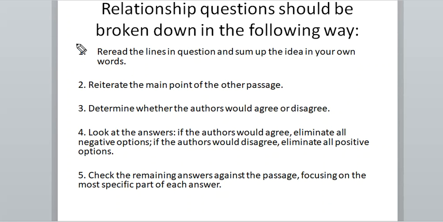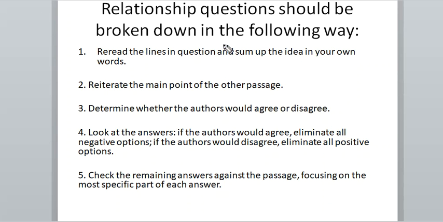Then, after rereading the line or the specific line you are assigned to read, the line in question, reiterate the main point of the other passage. Okay? Now this has to do with also looking at the main point of the other passage.